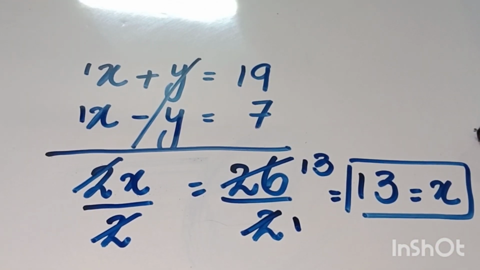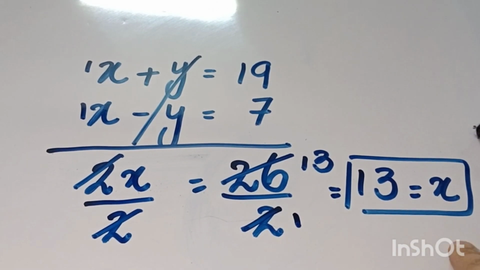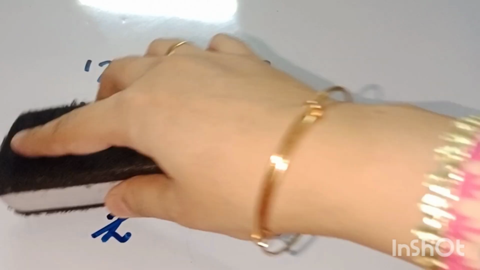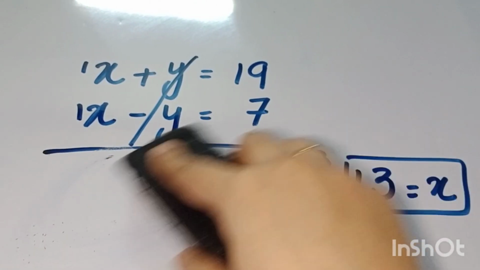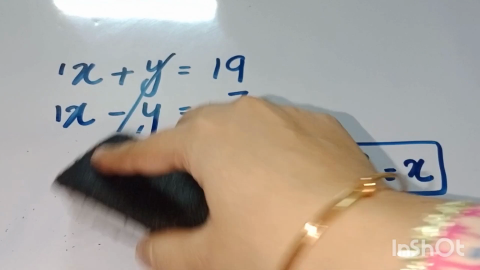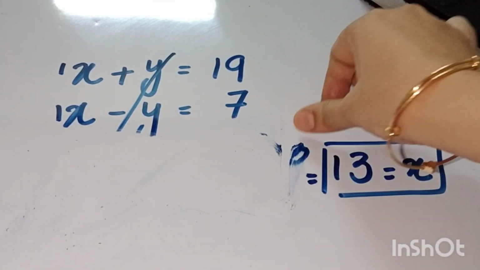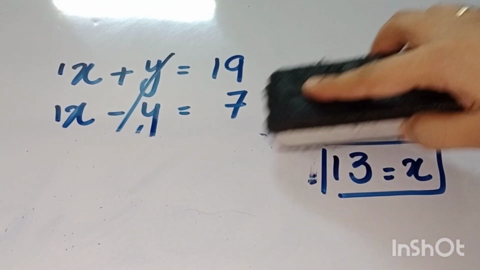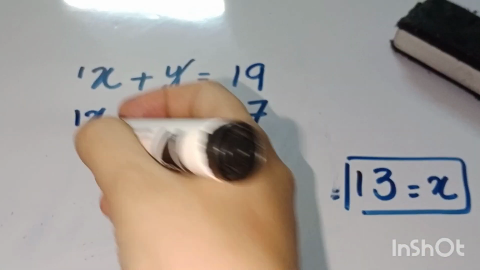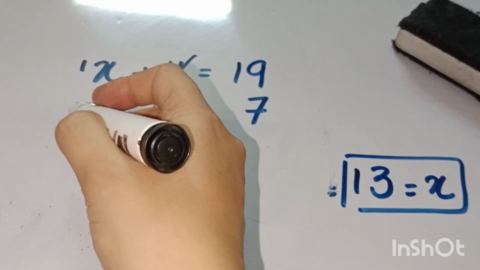Now I have found the value of x. Now I will substitute the value of x in any of these equations. I will prefer my equation 2. Let's check. Okay, great. Now second equation, let's take second equation.